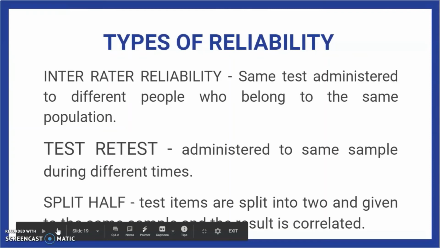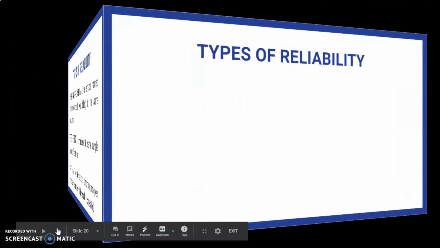So what we are doing is, we split the whole tool, the whole set of items, into two, and then it is given to that sample, and the results will be correlated, and then we'll see whether there is any difference. And that is the split half method.